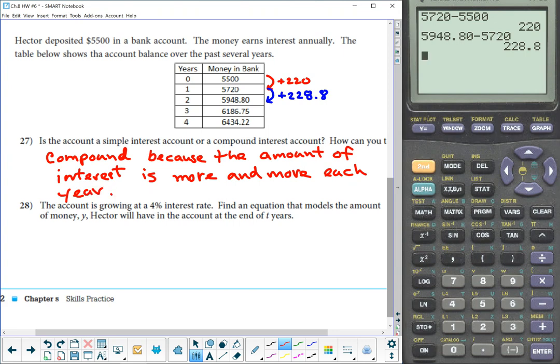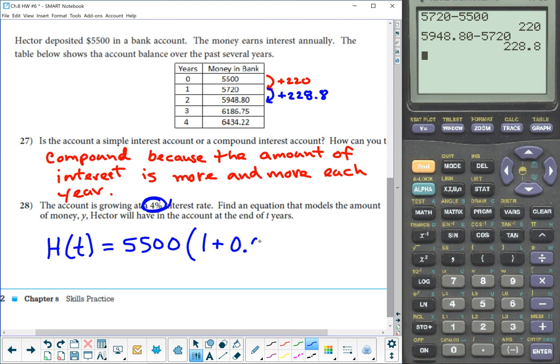Okay. Number 28 says, hey, guess what? The account grows at 4% interest. Find an equation that models the amount. So this one will be easy because they gave us the interest rate. Since we're talking about Hector, we'll call this H of T for Hector for so many years. Because we start with 5,500, that's going to be 1 plus the 4%, and because it's growing, we're adding it.